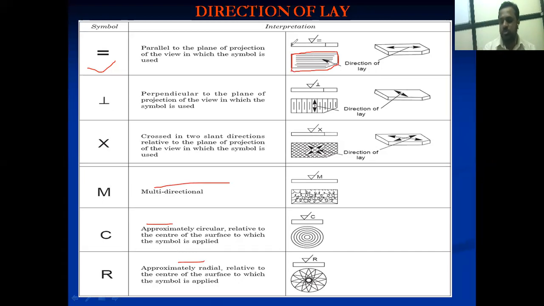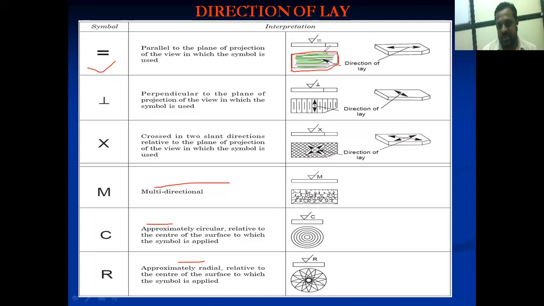If you observe the irregularities on that surface, they will look like this. From this we can easily understand that whatever irregularities, whatever roughness are on the surface, those irregularities will be parallel to that surface.